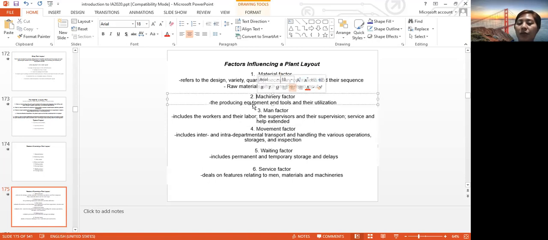The producing equipment and tools and their utilization. So make sure that in a plant layout, the designer needs to be aware what that plant layout is for. What are the materials?